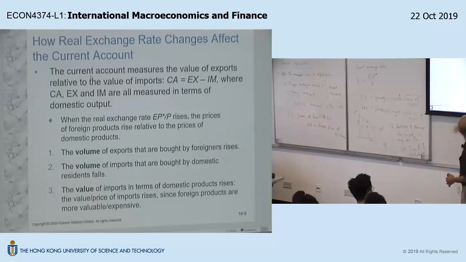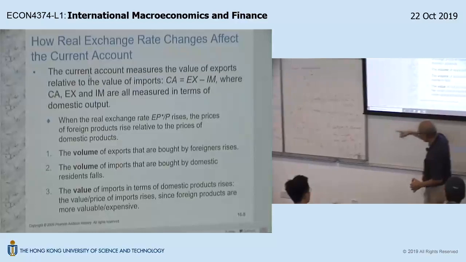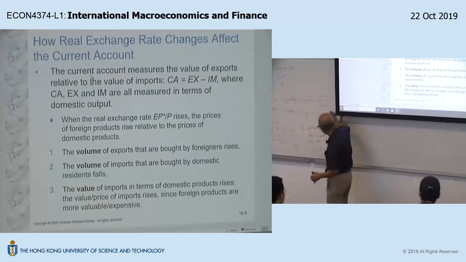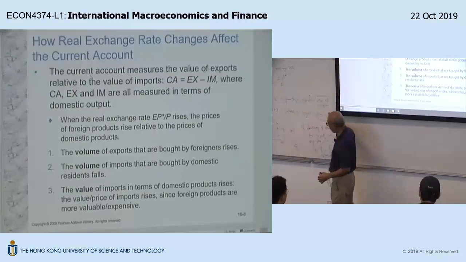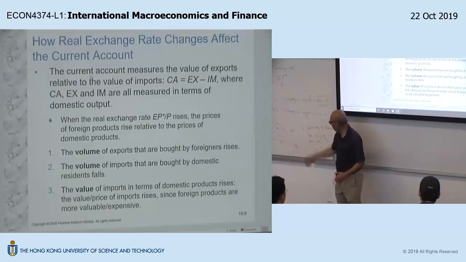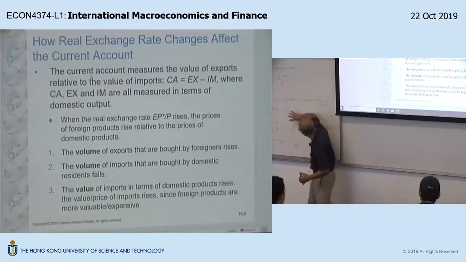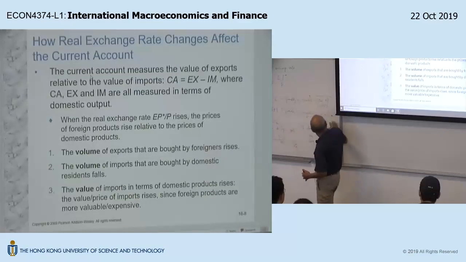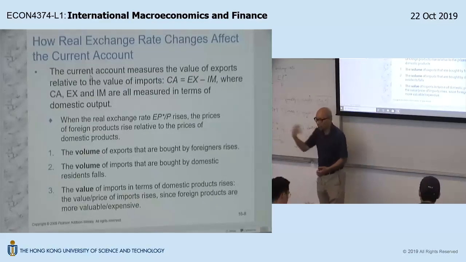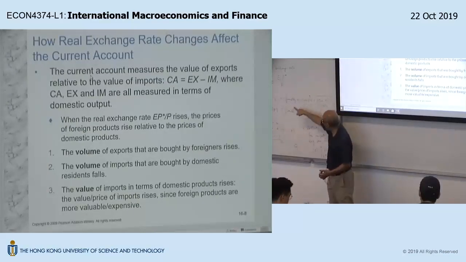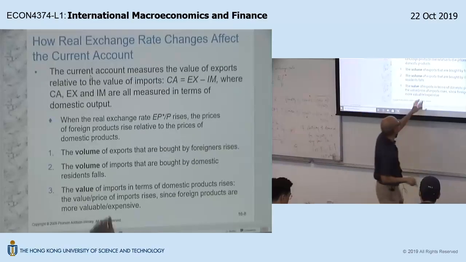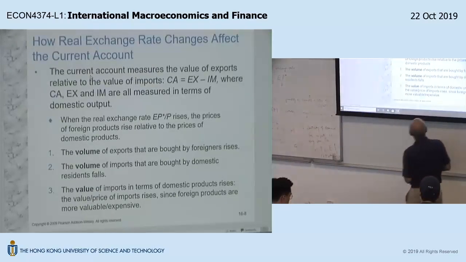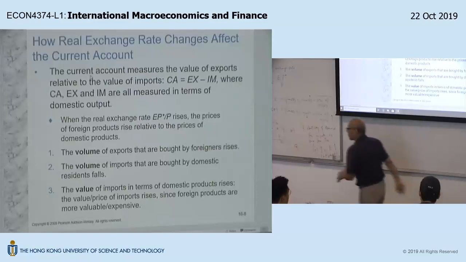The value effect is really the price of imports. These two are the volume effect, and this is the value effect. This one has no effect because exports are evaluated in the home currency. Does that make sense?